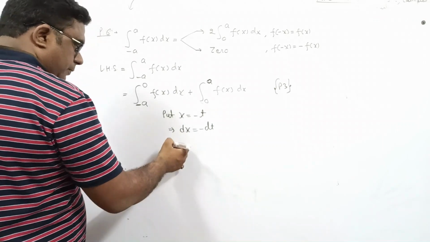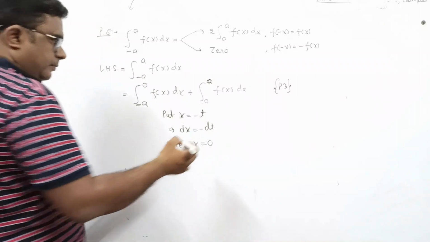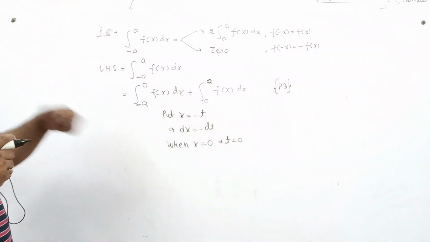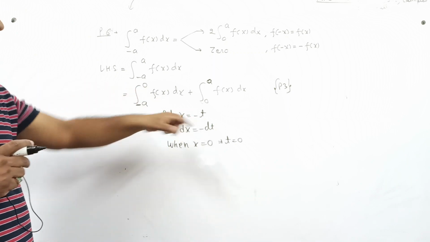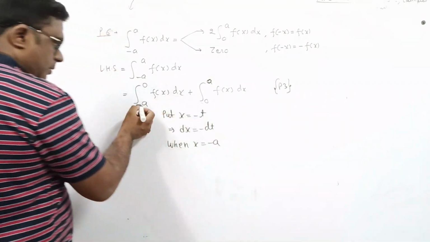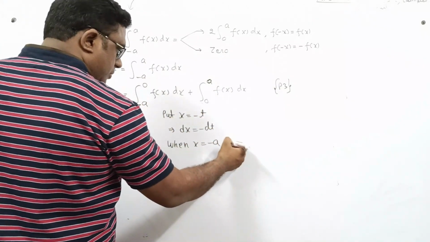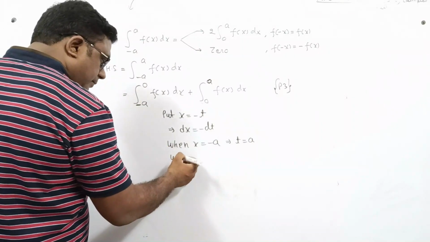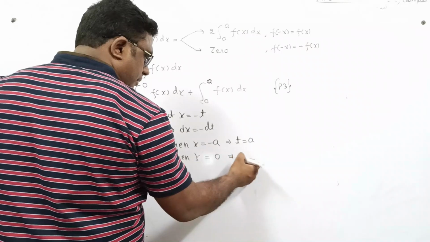Let us change limits now. When x equal to 0, then t will be 0. Or you can do one thing, first take minus a. When x equal to minus a and put minus a into this, so t will be a. And when x equal to 0, then t will be 0.